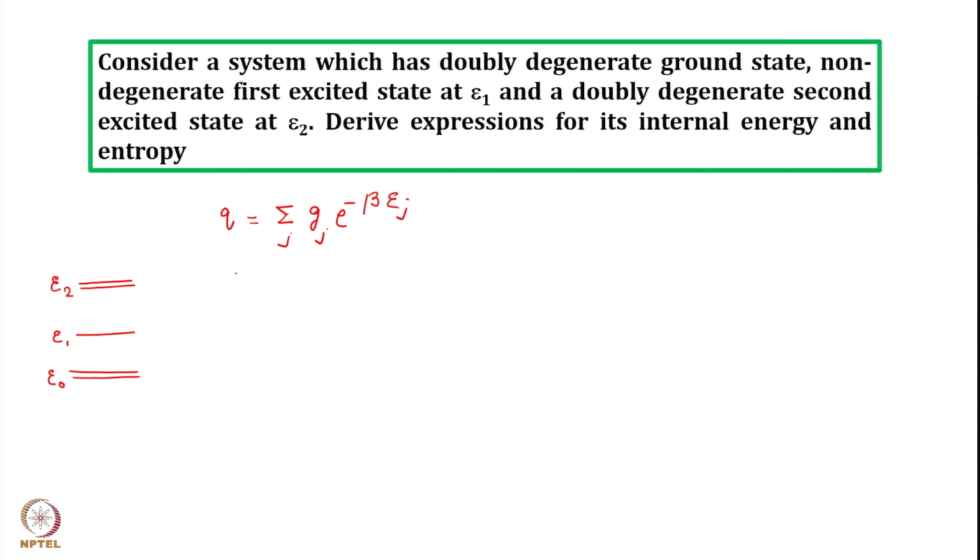Apply to this system. Q is equal to G0, degeneracy of the ground state is 2, plus G1, degeneracy of the first excited state is 1, into exponential minus beta E1, and then we have degeneracy of the second excited state, which is 2 exponential minus beta E2.